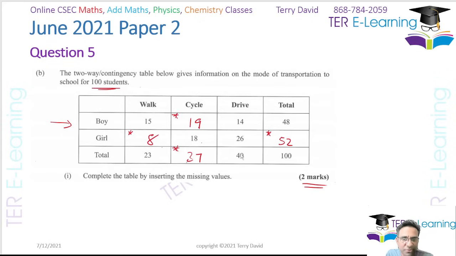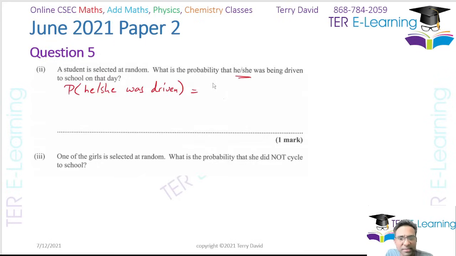So the total number of students who drove to school would be this figure here, 40 students in total. So this is 40 divided by the total number of students, which is 40 over 100. So this could be reduced, and if you reduce this, you're going to end up with 2/5.